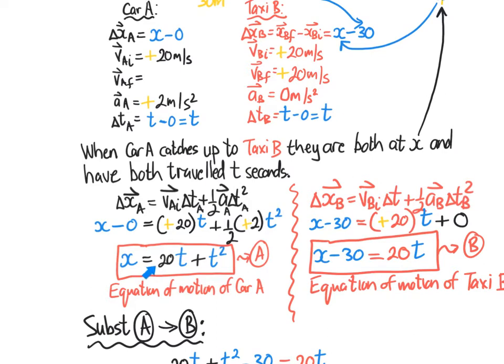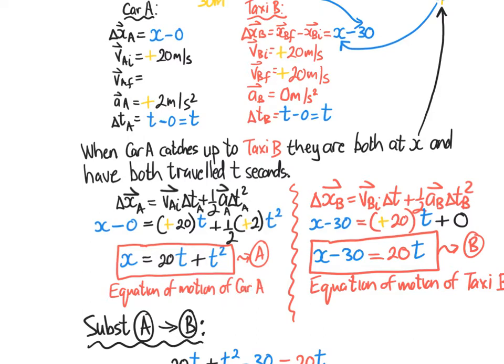Then we get x equals 20t plus t squared. Now this is an equation with two unknowns, so we're going to need another equation. For every unknown you want to solve, you need an equation. So this is the equation of motion for car A.